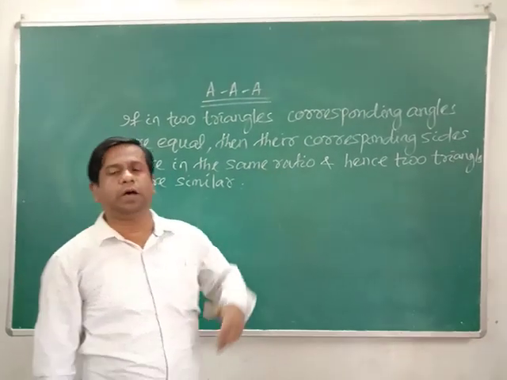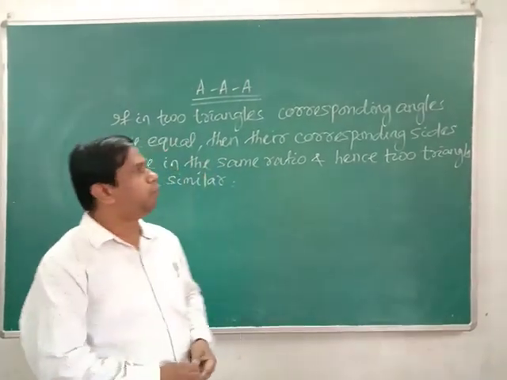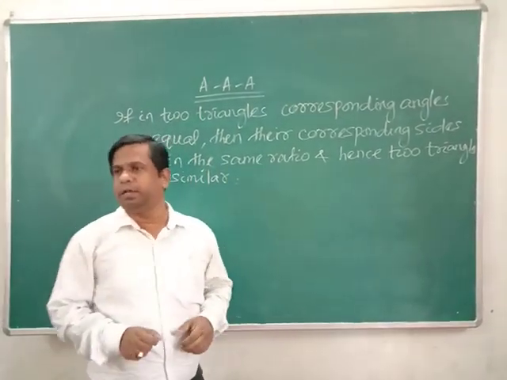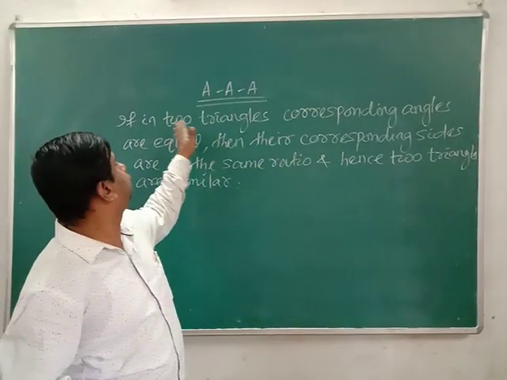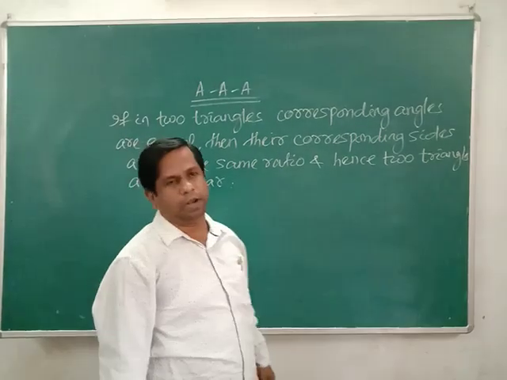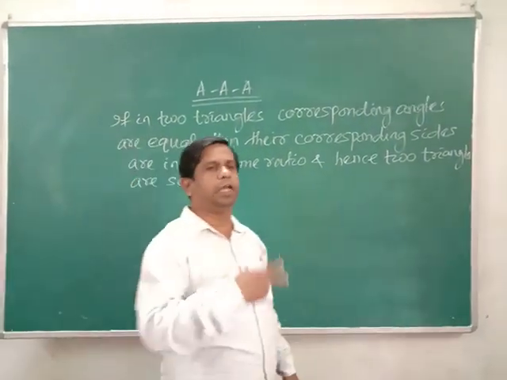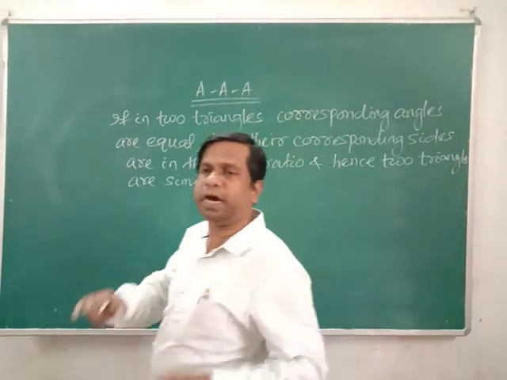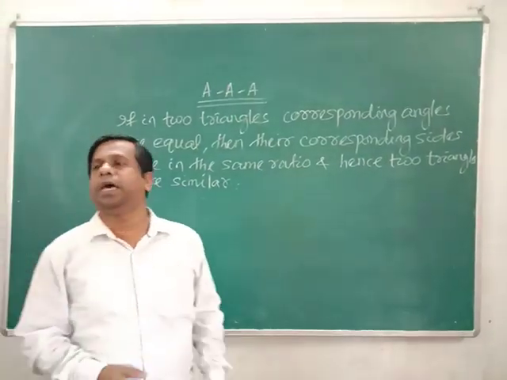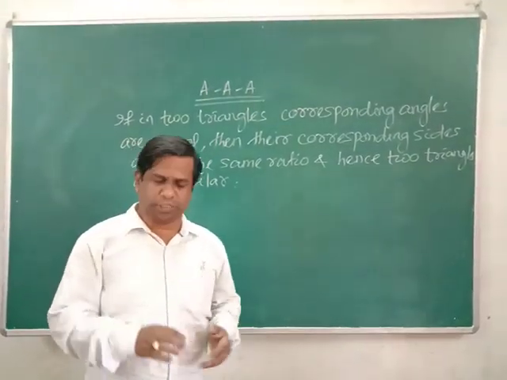That means they are also similar to each other. So proof is not required still, but I am showing the proof. How to prove? If in two triangles corresponding angles are equal, means if three angles of a triangle are equal to three angles of another triangle, then the triangles are similar. That means their corresponding sides are in the same ratio.